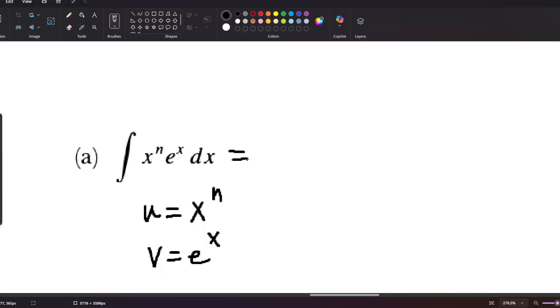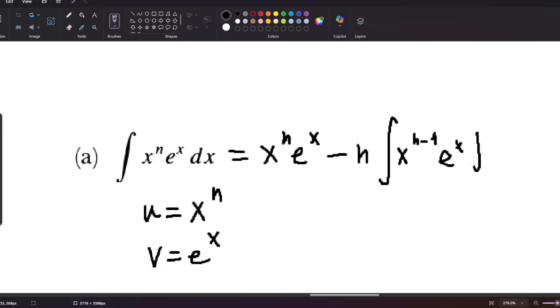So this is going to be equal to x to the power of n times e to the power of x minus n times the integral of x to the power of n minus 1 times e to the power of x dx.